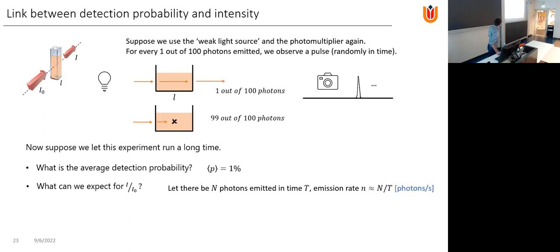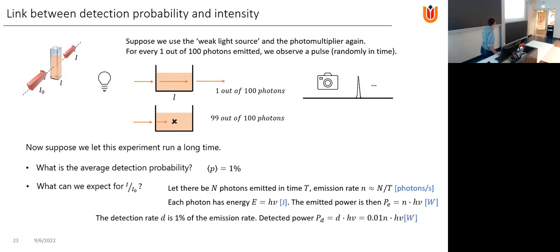You can make it formal. If there are n photons emitted in the time t, then the emission rate is n divided by t. Each photon, because it's a quantum, has an energy of h times nu in joule. That means that the emitted power will be given by n times h times the frequency.